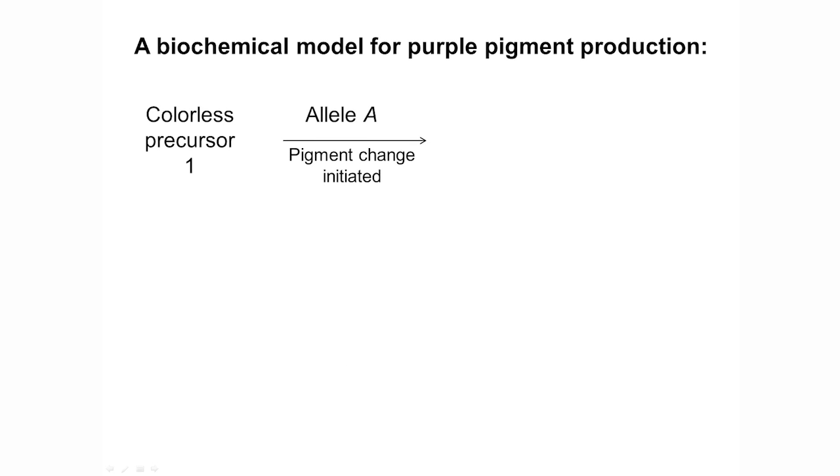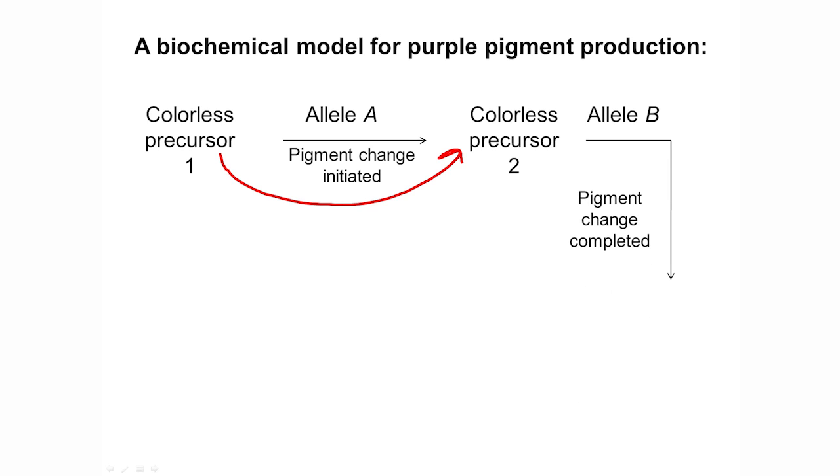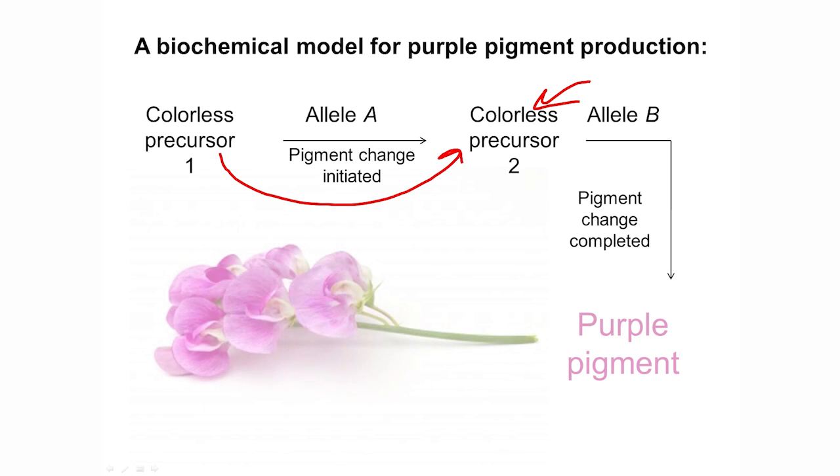And what if allele A, or whatever you wanted to call it, P or C, changes this colorless precursor via an enzyme that allele encodes into a second precursor, which also happens to be colorless? And then you'll have allele B, which makes another enzyme that works directly on this and leads to purple pigment, and there is a purple sweet pea flower.